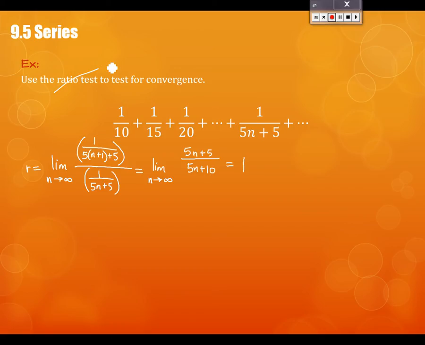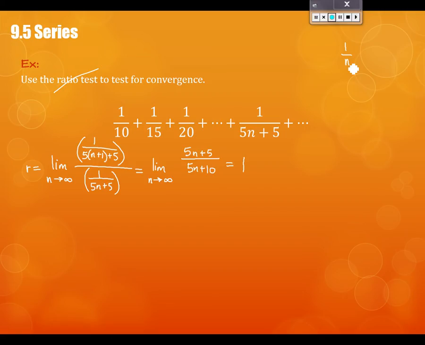Okay, what else do we have? Direct comparison. What would you like to compare it to? Maybe 1 over n. The only problem there is that it's actually less than 1 over n, and 1 over n diverges. We can't really say anything about this if it's inside of a divergent series, right?